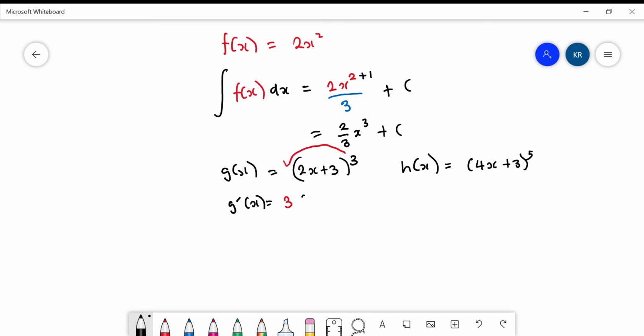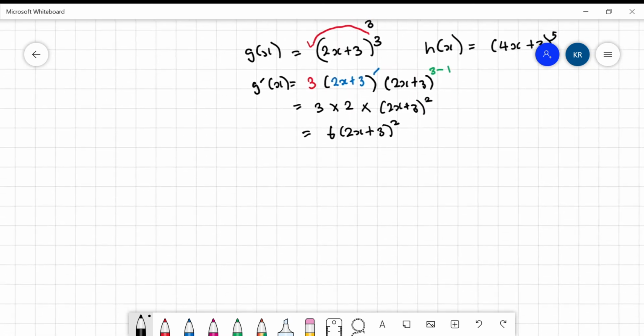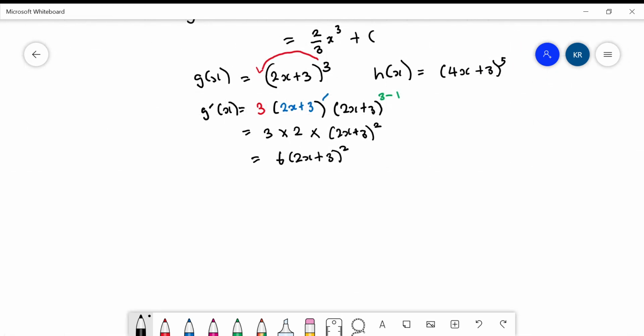And then we differentiate what is between the brackets, and the power falls by 1, so 3 minus 1, this becomes 2. So if we differentiate what's between brackets, we get times 2, times (2x plus 3) to the power of 2, and then we get 6 (2x plus 3) squared. So that's what we would get when we differentiate.